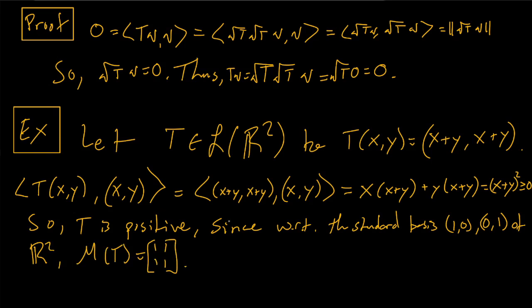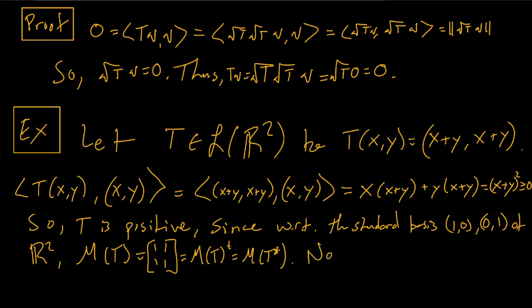Okay, so it's positive since it's self-adjoint and it satisfies <T(x, y), (x, y)> greater than or equal to 0. Do you see why it's self-adjoint just from this matrix? It's because the adjoint of T is equal to the transpose of this. Okay, there you go, in case that's not clear. So T is self-adjoint. Okay, nice.